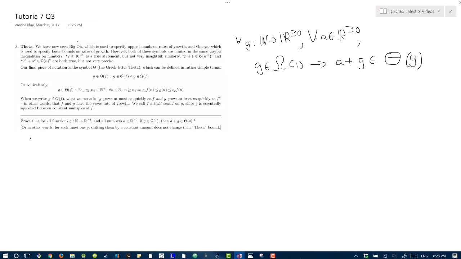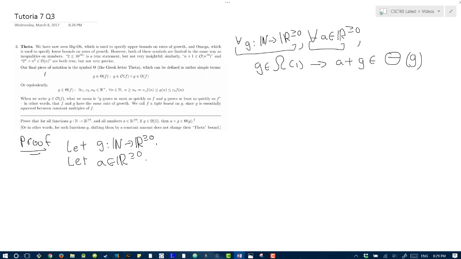As usual, we let this be arbitrary, and this part as well. We assume this. So we want to unpack this definition.